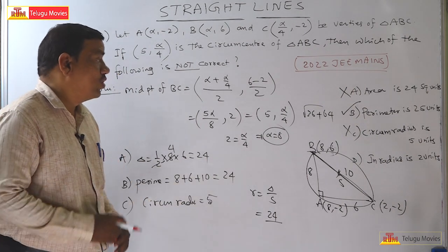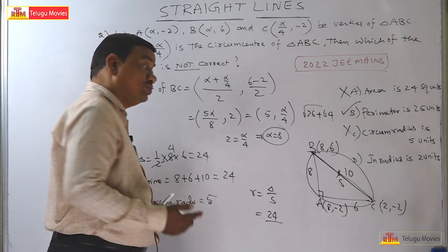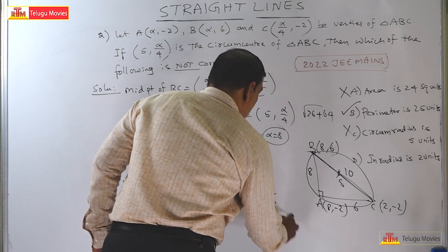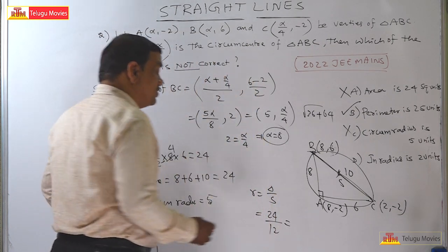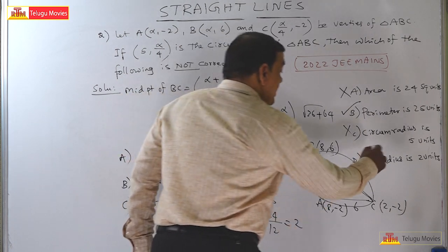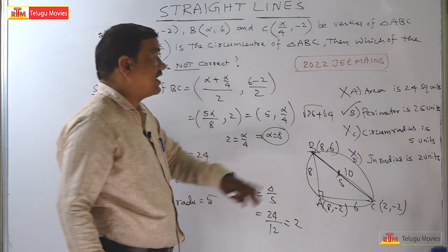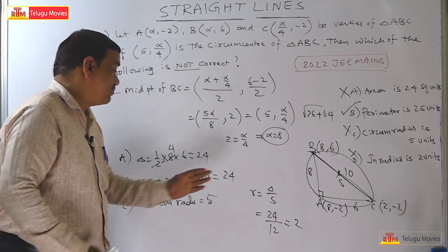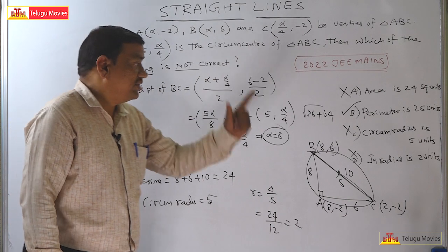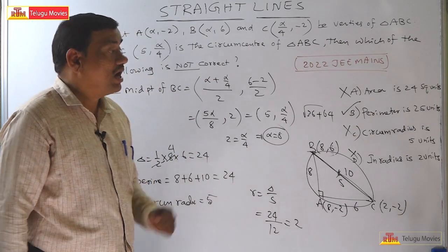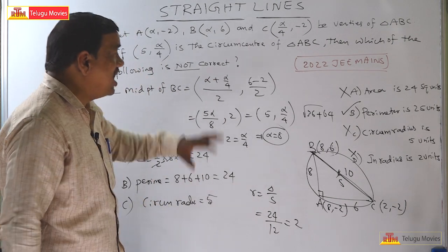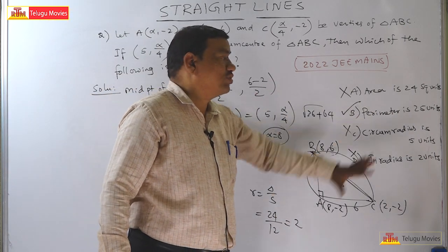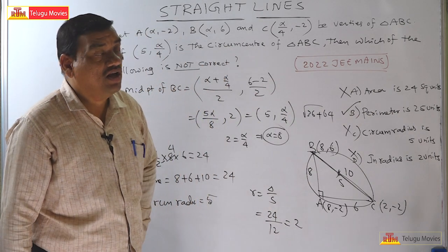Perimeter is 24, 24 by 2 is 12. 24 by 12 is equal to how much? 2. Therefore, inradius is also correct. So that is not our correct answer. Our answer is: perimeter should actually be 24, but it is given as 25. Therefore, perimeter of 25 is not correct. That's why that is our required answer.